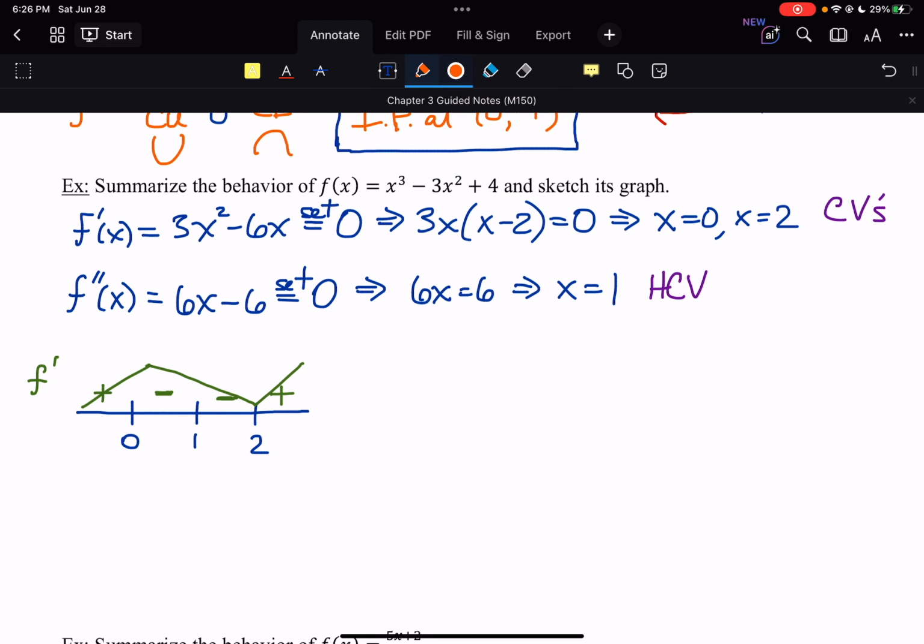And then for our second derivative, our concavity, value less than 0, negative minus a negative, so that's going to be negative, so concave down.